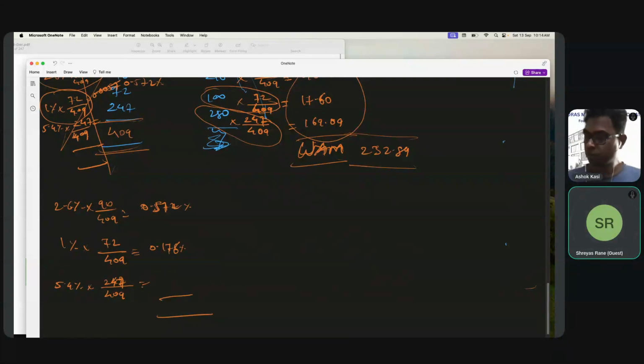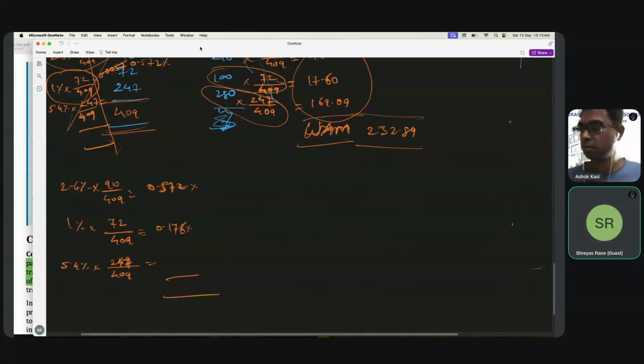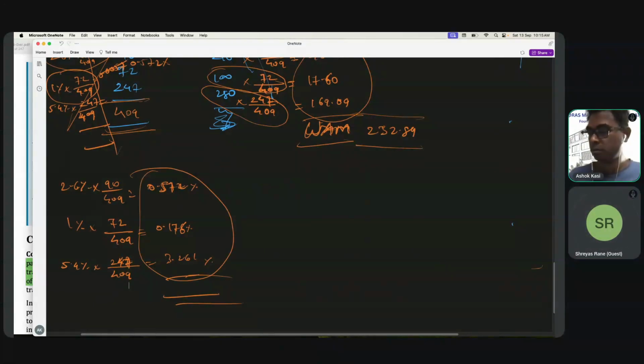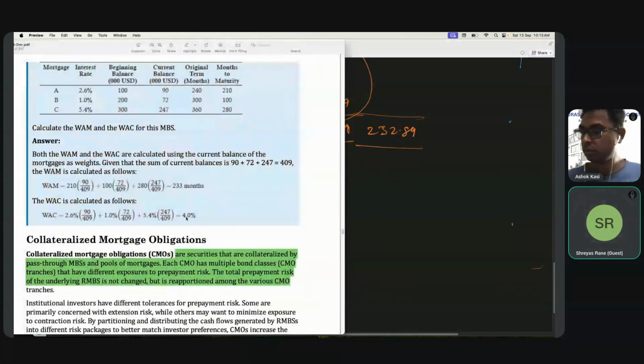Third one: 3.261 percent. You add up all of this: 4.009 percent.